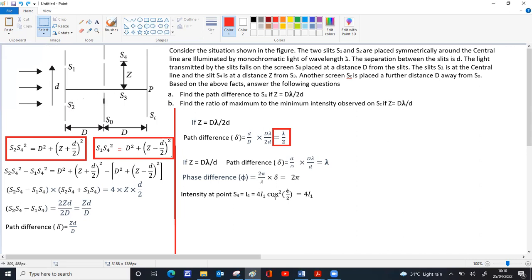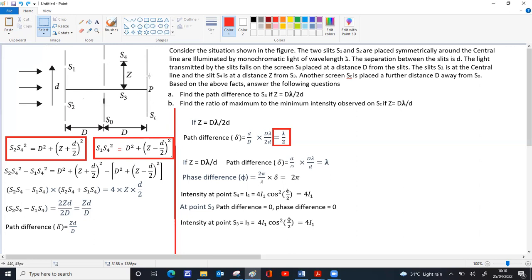Path difference 0 means again cos 0 will be 1. So the intensity is 4I1 cos square 0. Cos 0 is 1, so 4I1. So both S4 intensity and S3 intensity are 4I1. S4 intensity is called I4. S3 intensity is called I3, which act as the coherent source intensities for the next screen.